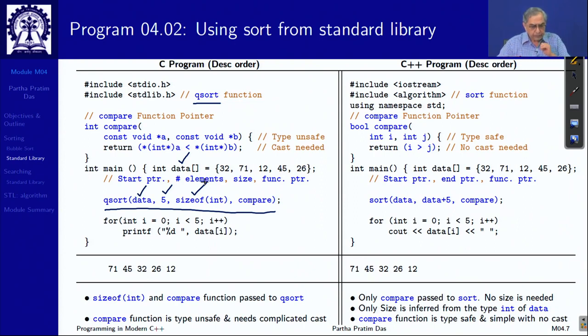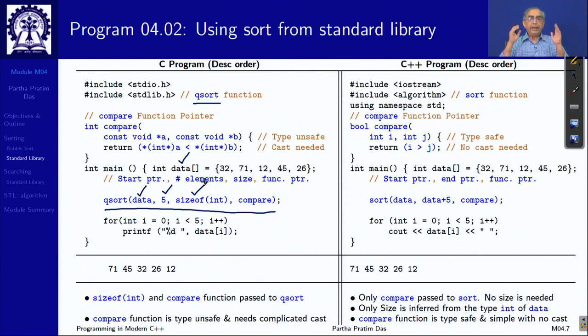Okay. Having said that, the final question is, to be able to sort, you should be able to compare 2 elements. When it is int, you know how to compare, there is a comparison operator. When it is, say, double, you know the comparison operator.